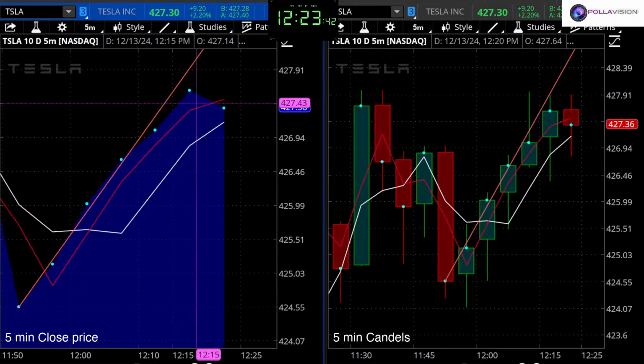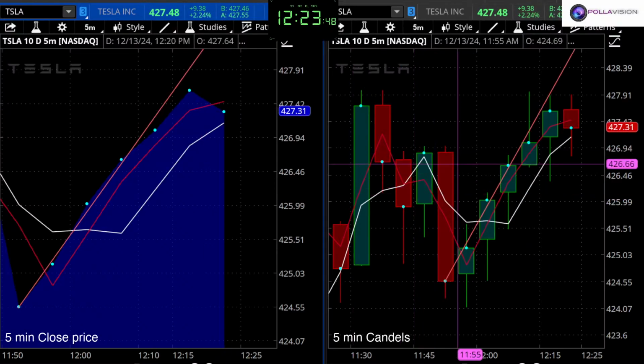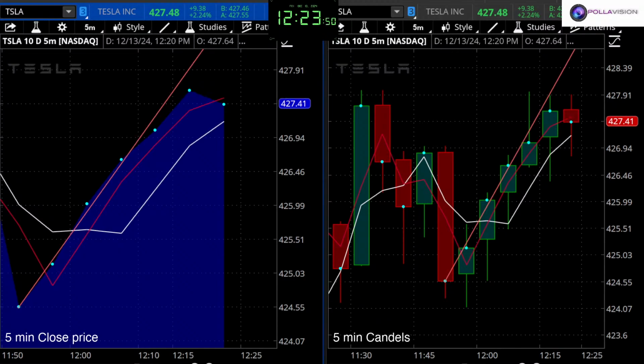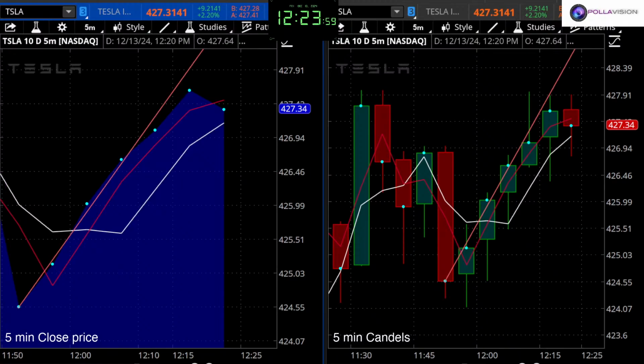The 5 will close in 2 minutes. Will it close up here? Interesting. So this is how multiple time frames will give you a better picture of what's going on.